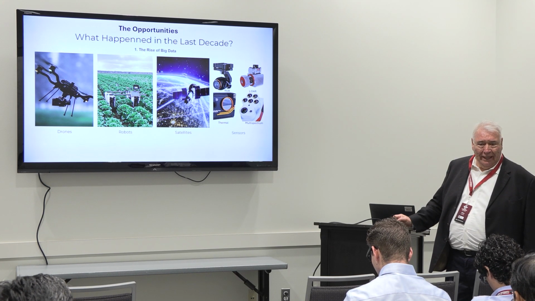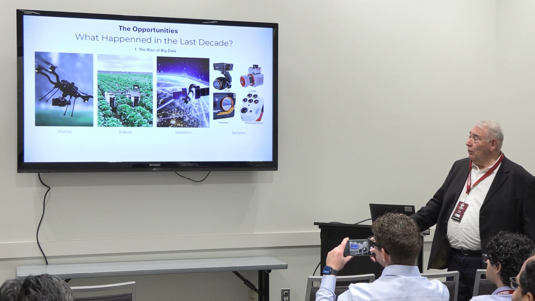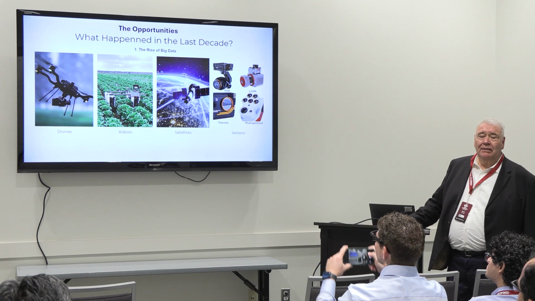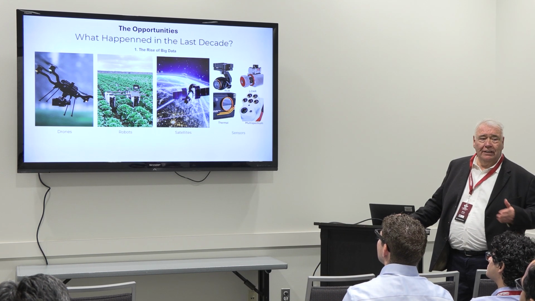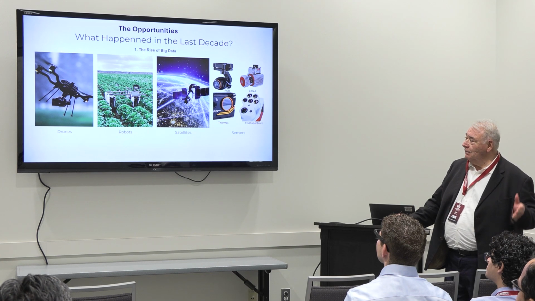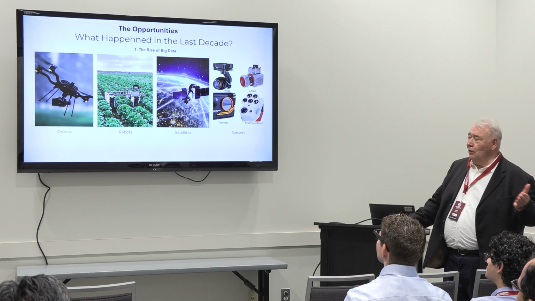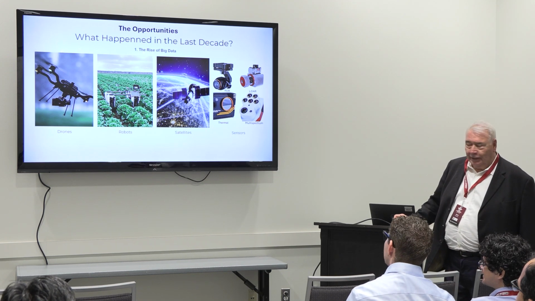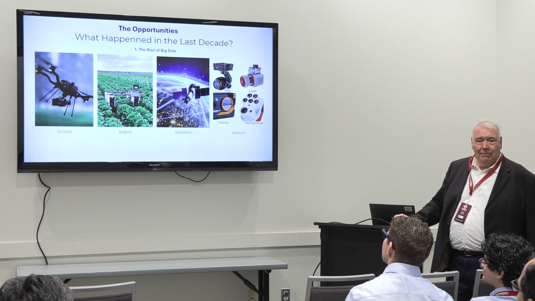One of the driving forces is the rise of big data in agriculture. If you think 10 years back, we didn't have these capabilities, but this is mainly because of the advent of drones, robots, satellites, wonderful sensors that are capable of collecting massive amounts of data.